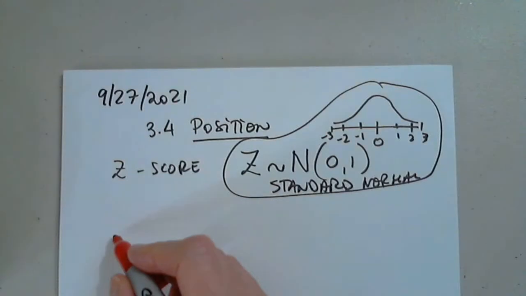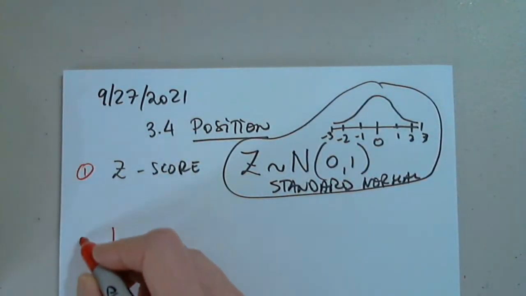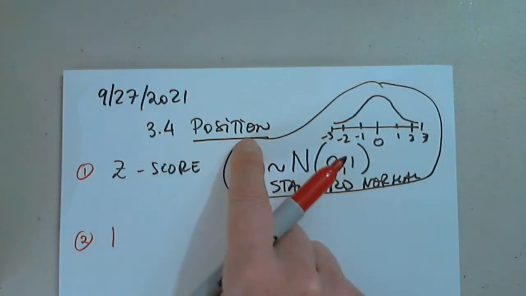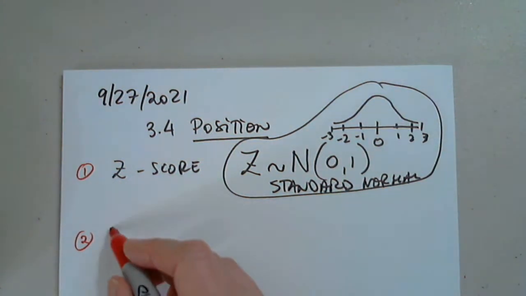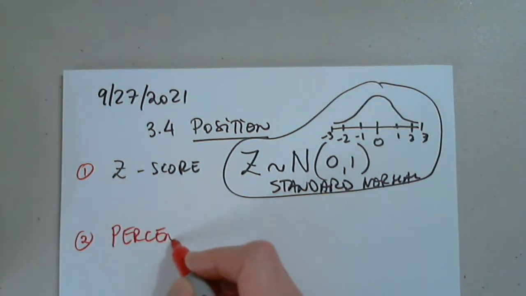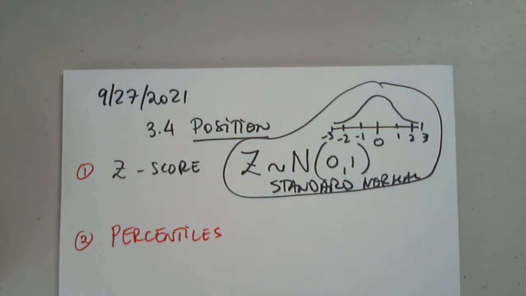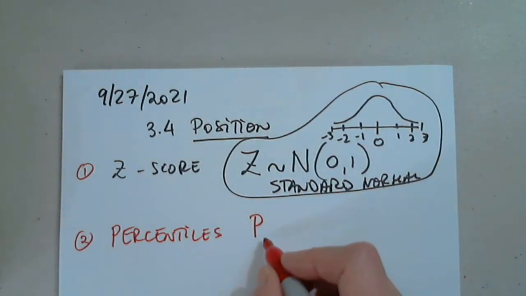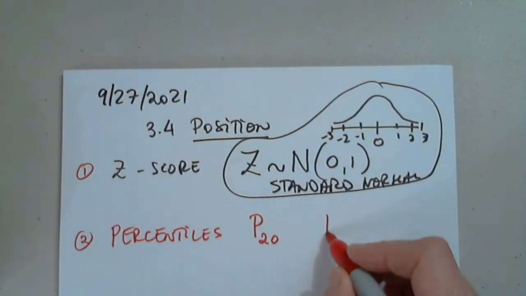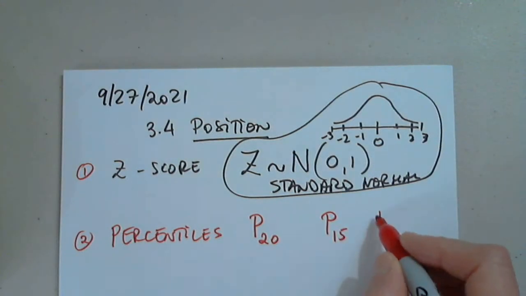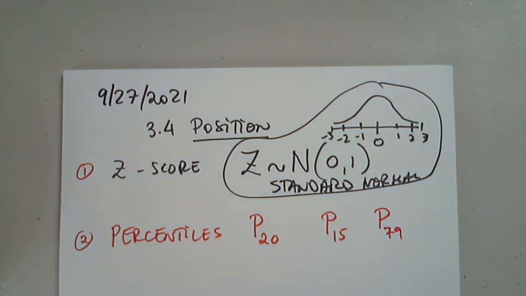The next one I would like to talk about is, so this is number 1, and number 2 for measures of position is percentiles. So for example, percentile 20, or any percentile, 15, or 79. What do they mean?